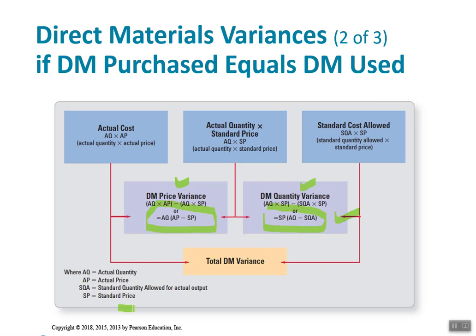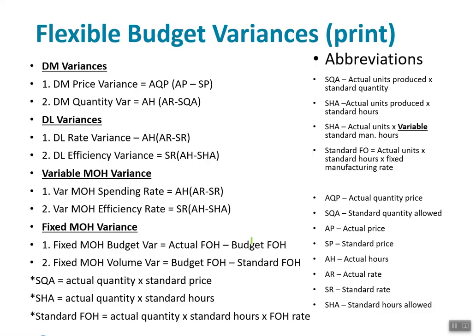Now, these are an explanation of some of the abbreviations, or I've made up my own slide that gives you all of the variances. So here's the direct material, the direct labor. We'll break the manufacturing overhead into the variable variances and the fixed manufacturing overhead variances. Here's an explanation of these abbreviations right here.